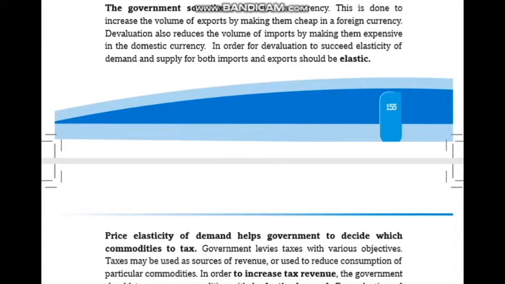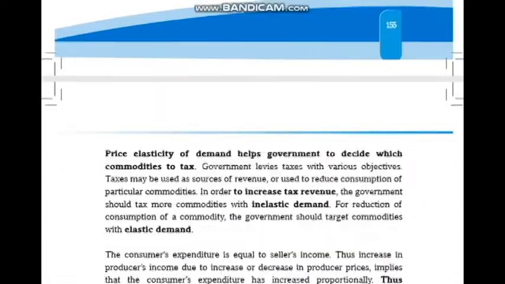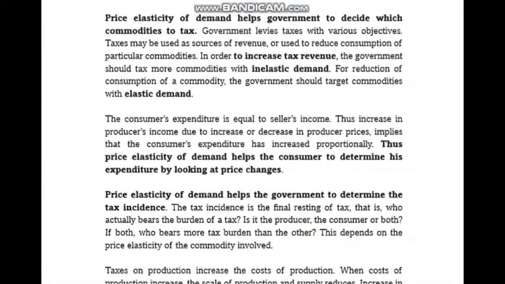This is done to increase the volume of exports by making them cheap in foreign currency.